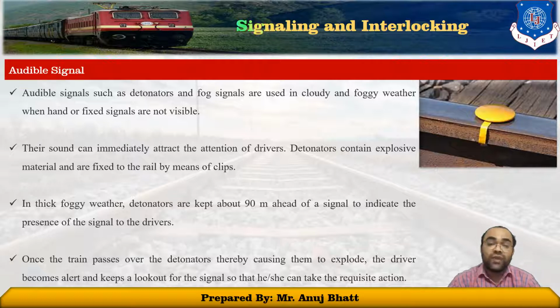Once the train passes over the detonators, causing them to explode, the driver becomes alert and keeps a lookout for the signal so that he or she can take the requisite actions. So this is how the audible signal works.